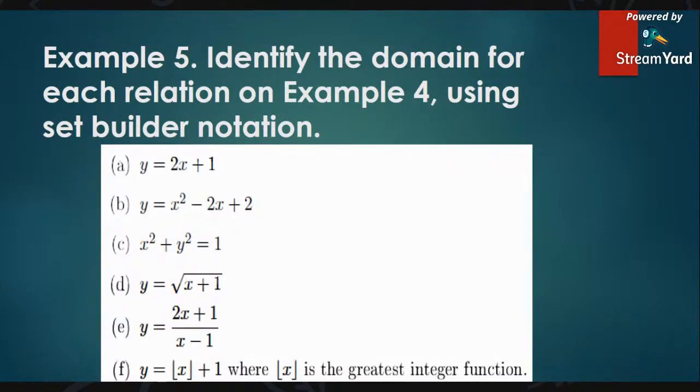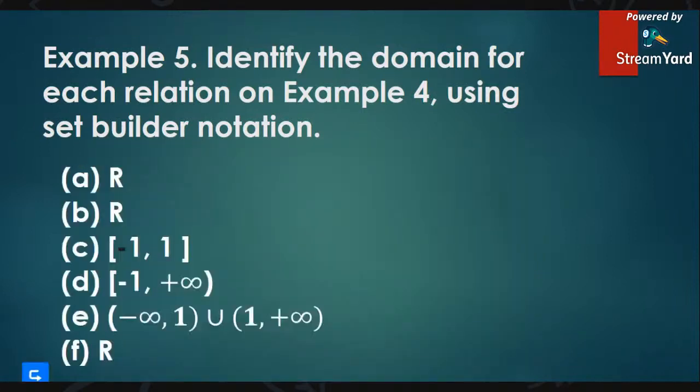Okay. Si letter A daw, it is the real numbers or R. Ginagamit yung letter R for representation of real numbers. Letter C, gumamit tayo ng brackets: negative 1, 1. Ibig sabihin, yung values natin ay between negative 1 at 1.